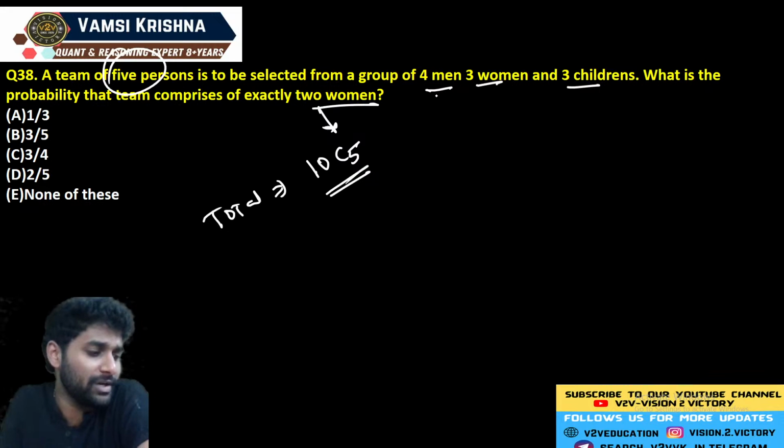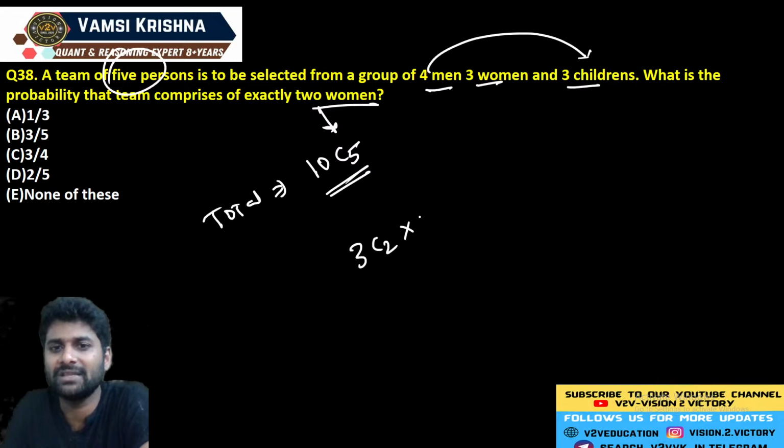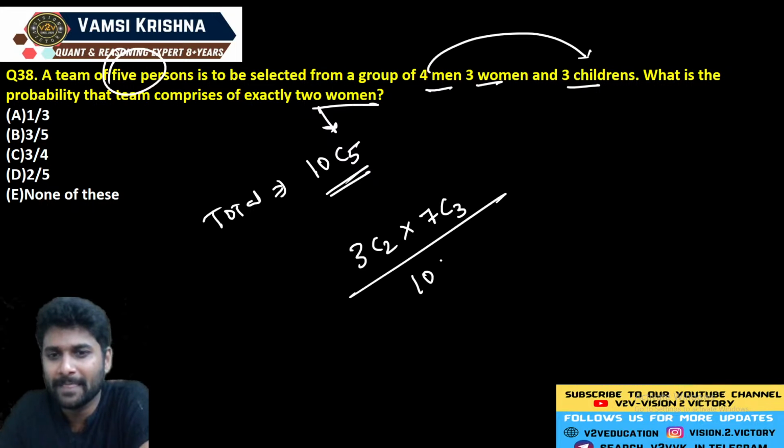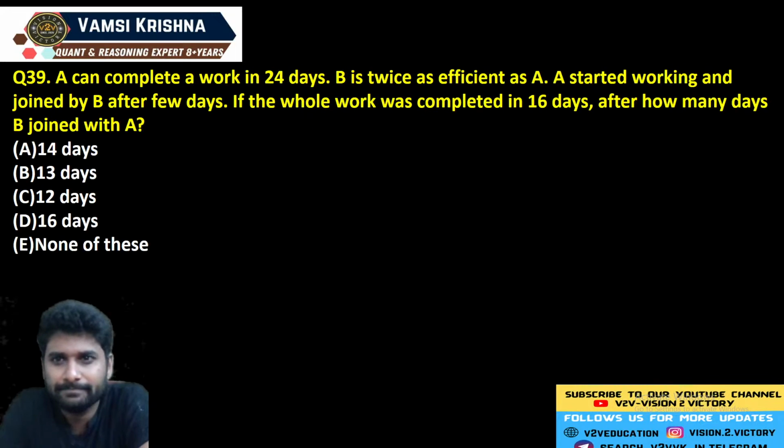So what is the probability to get 2 women out of 3? It's 3C2. And definitely remaining 3 people you have to select from both men and children. So how many are there? 7, we have to select 3. So it's 3C2 times 7C3 divided by 10C5. Guys, go through the calculation. Next.